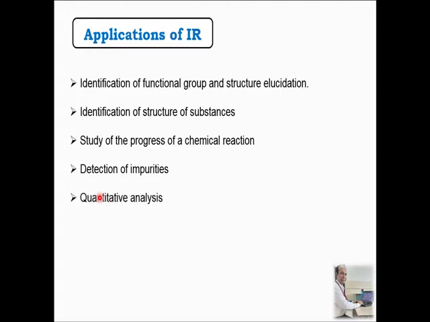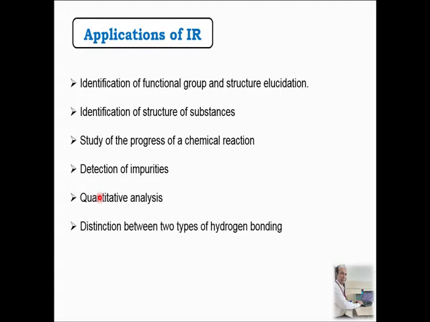Quantitative analysis. The quantitative analysis of an organic mixture can be done by measuring the intensities of the absorption bands of each component and by knowing the optical density of the absorption bands for the pure substance.